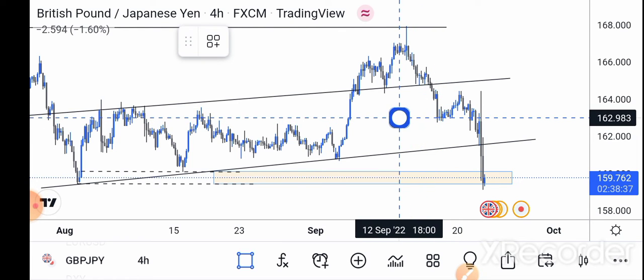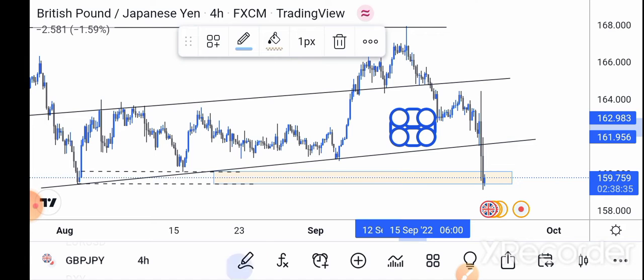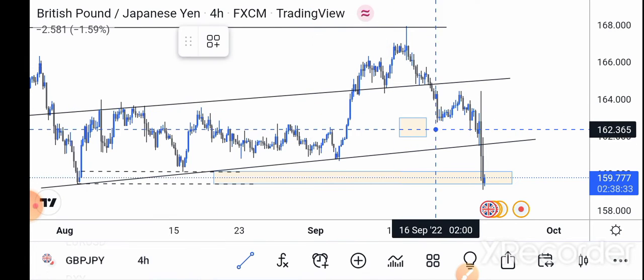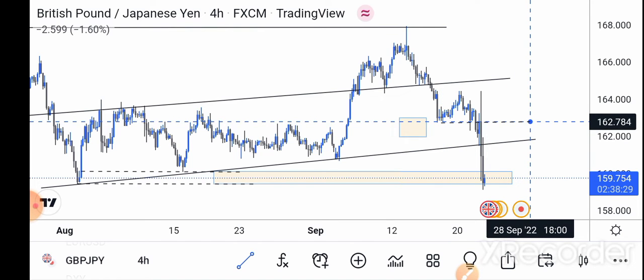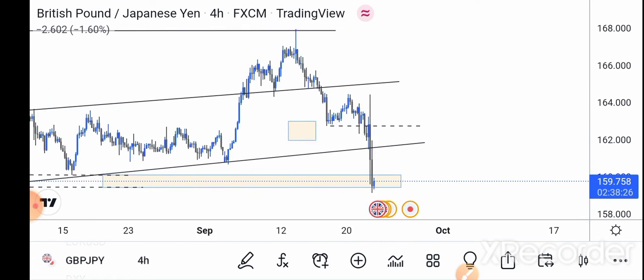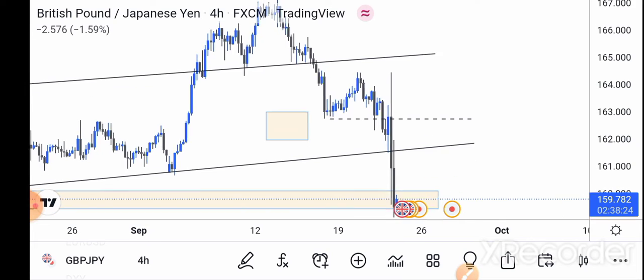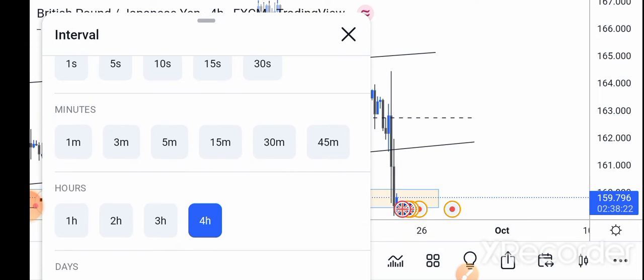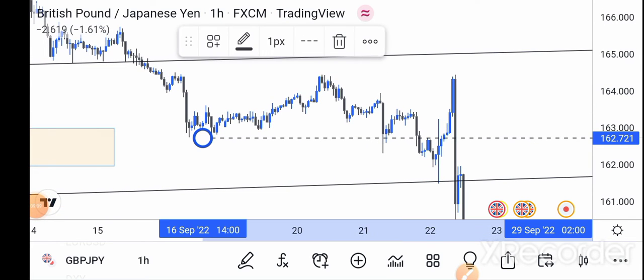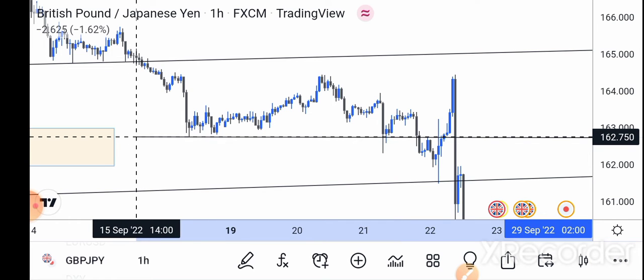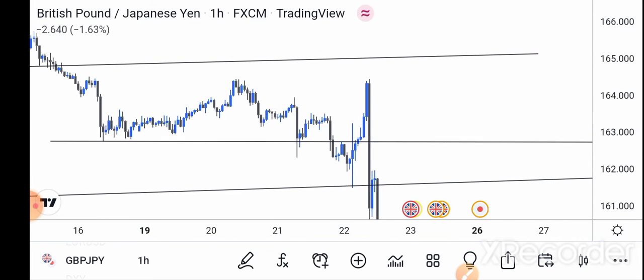Let me make it a trend line. So for example, if I have this, let me go a bit deeper into this chart, on the 1 hour time frame. Alright, that makes more sense. We can call this one a support line.